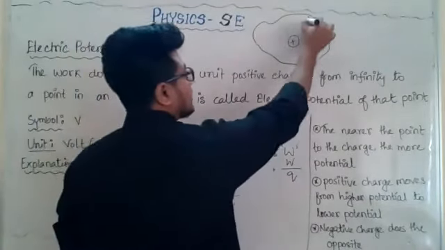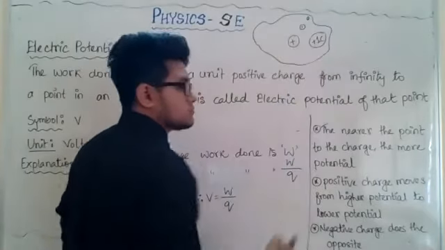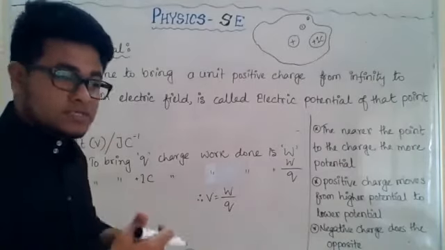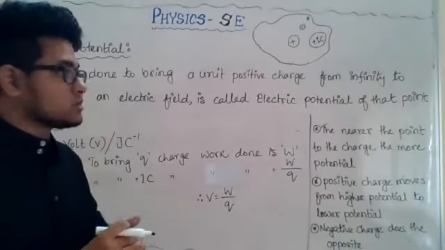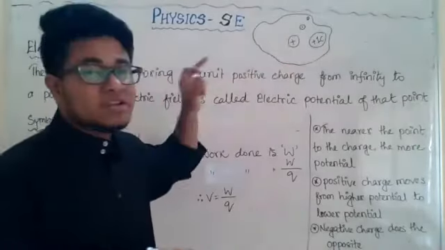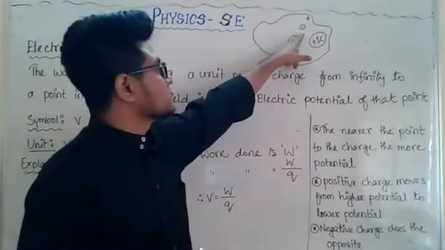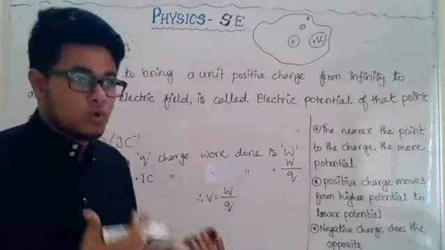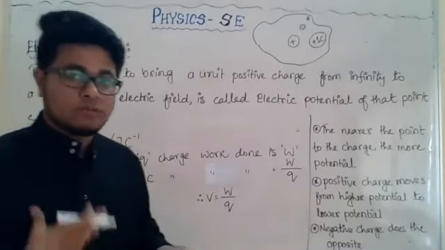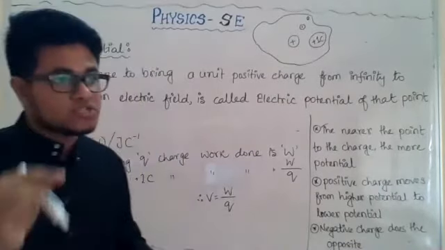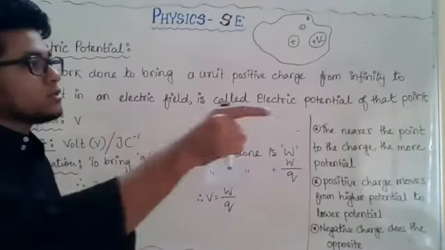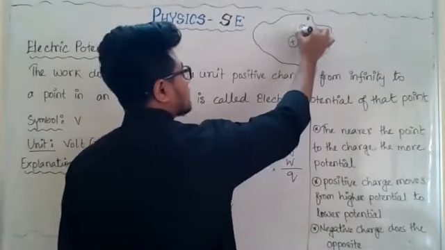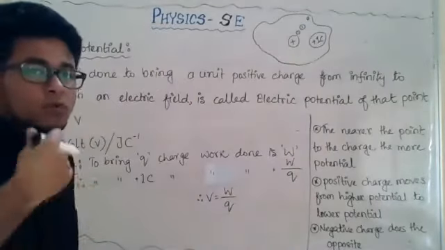Now if I bring it closer to the charge, I will be doing more work. I have to do this work because this positive charge will repel this positive charge, so against that force I have to do the work. I'm losing some energy, and that energy is being stored as potential energy within the charge. So as I bring it closer, I will be doing more and more work.